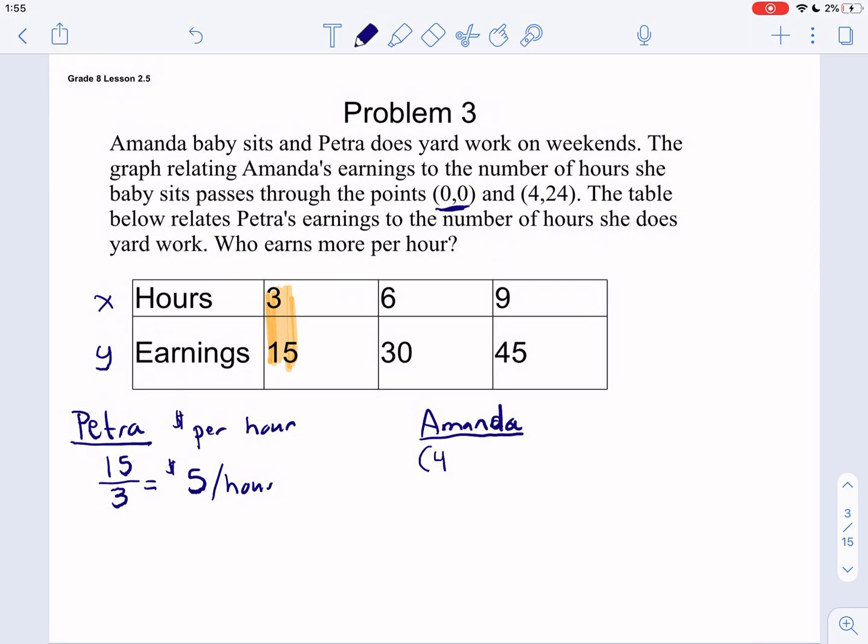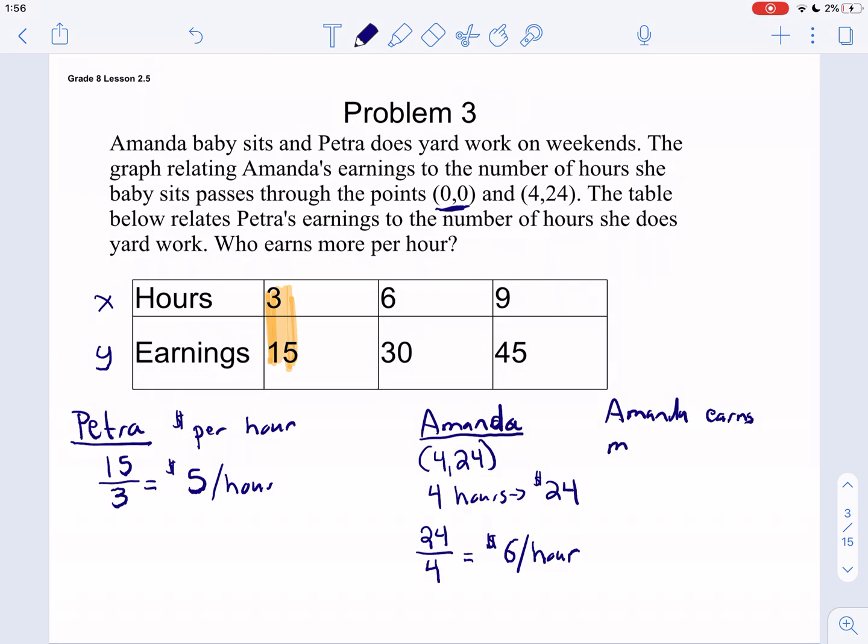But if I use the (4, 24), that means that Amanda works 4 hours, and she earns $24. So I can do 24 divided by 4 to get $6 per hour. So Amanda earns $6 per hour. So that means that Amanda earns more per hour.